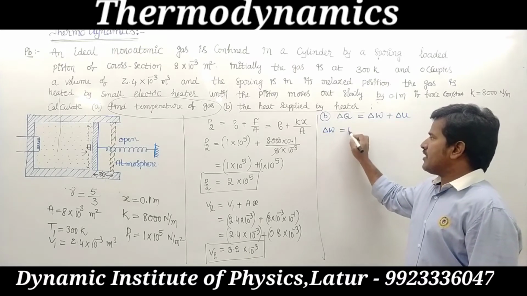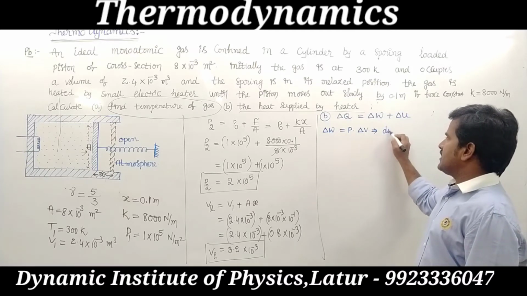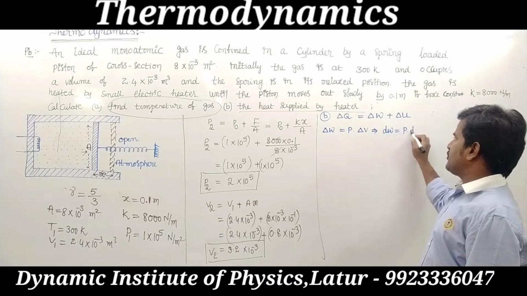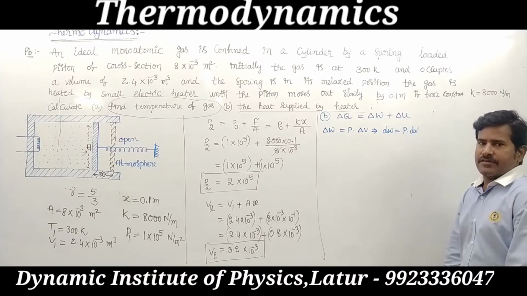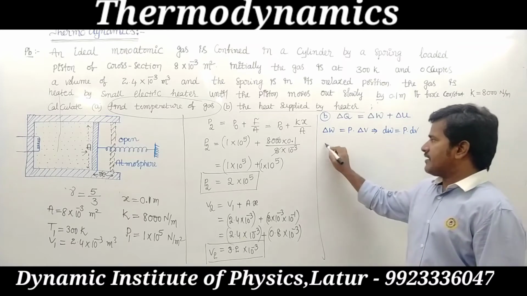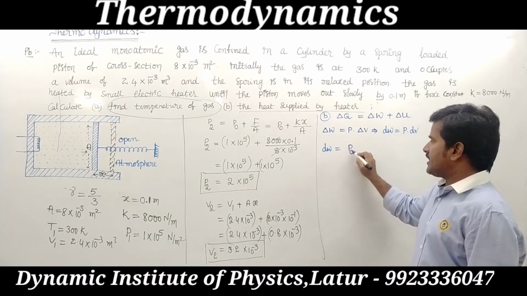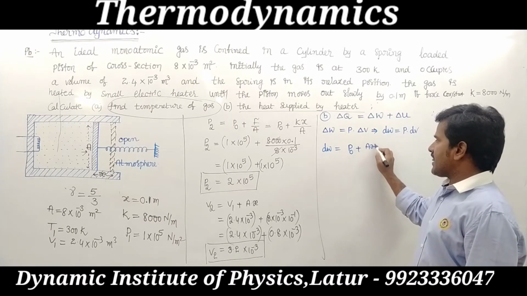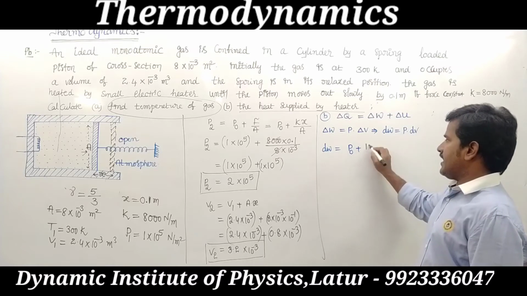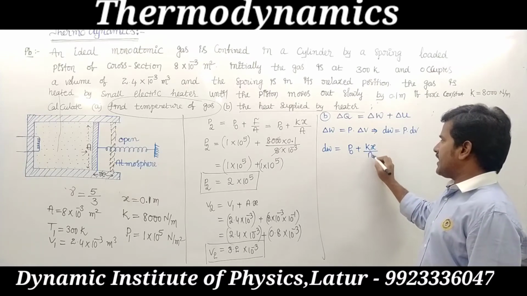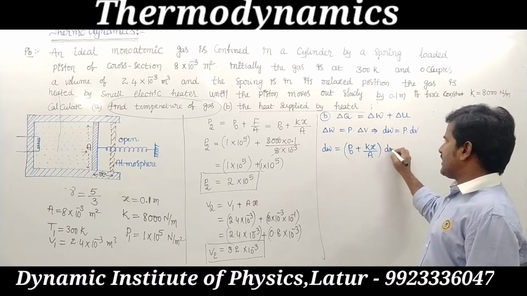So delta W is written as P into delta V. Otherwise it is written as dW equals P into dV. This is written as dW equals P, that is P naught plus Kx upon A, force upon area, this is the total pressure, into dV.